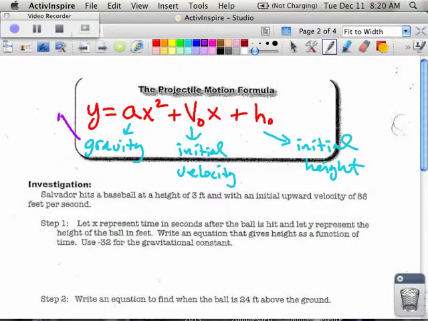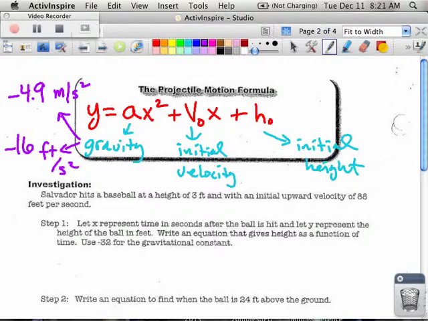Sometimes they use the number negative 4.9, and that's when you're working with meters per second squared. And sometimes they use negative 16, and that's when you're working with feet per second squared. So if you're in metric, you use negative 4.9 for the a, and it's always negative 4.9. And if you're not in metric, it's always negative 16.